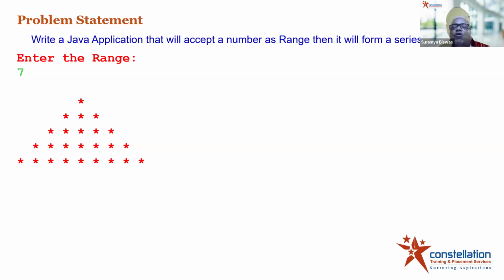The first row has an odd number of stars, 1. The second row has 3 stars. The third row has 5 stars. Okay, so you understand this logic. That means in every row we need to display 1, 3, 5, 7, 9, then 11, like this. Now, how to make these spaces?